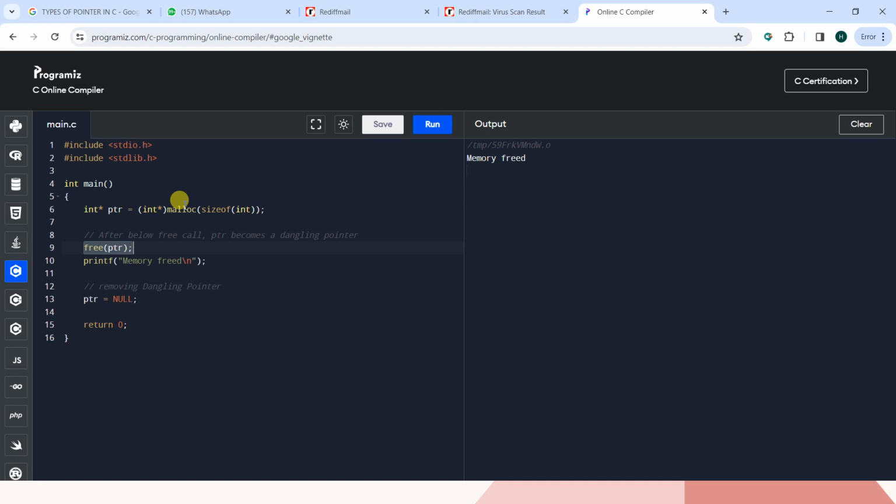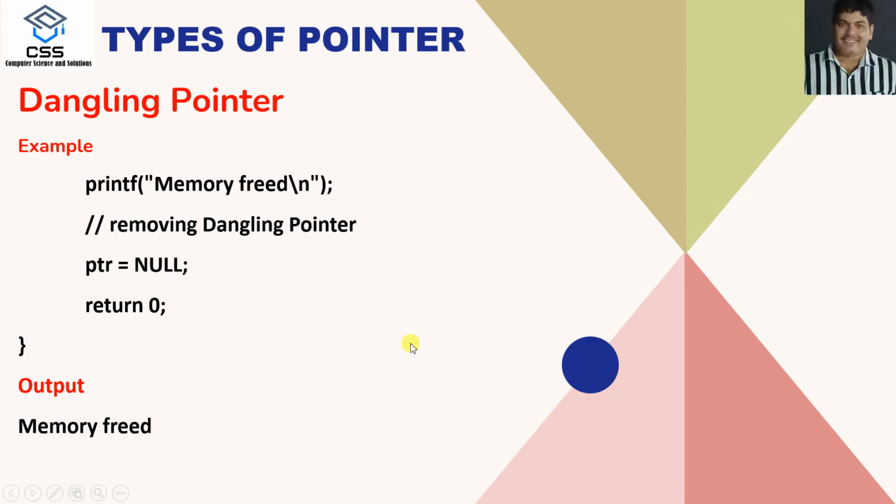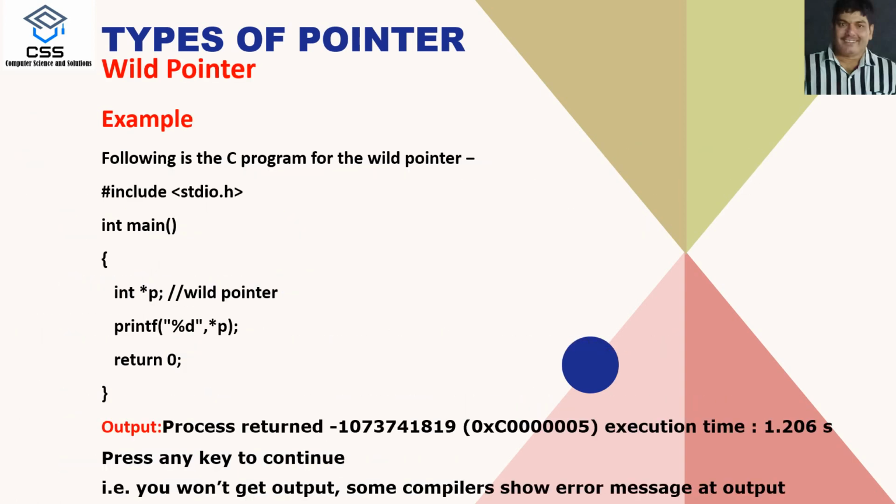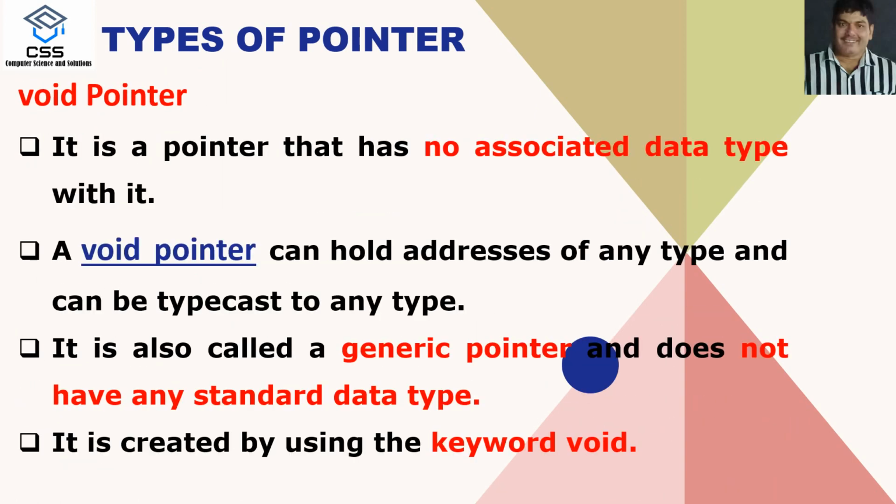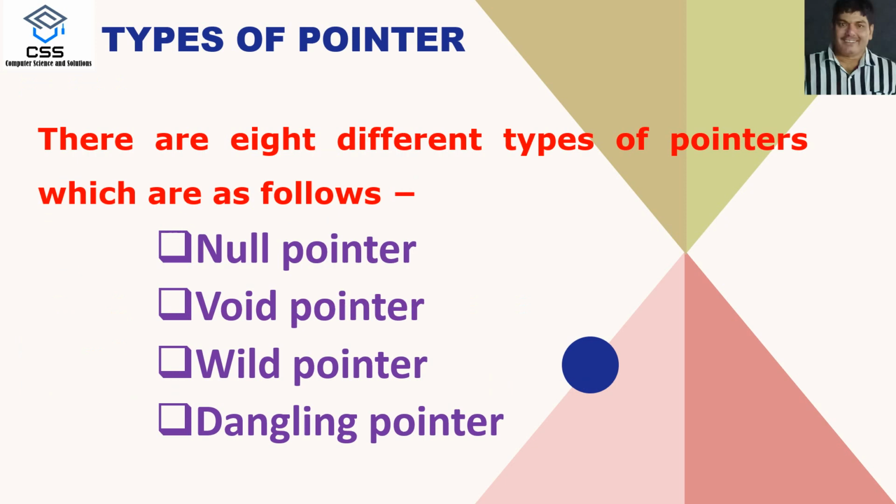We allocate the memory, but before using it we delete the memory with the help of free, a dynamic memory allocation function. In the next class we will discuss this further, and the pointer is known as a dangling pointer.